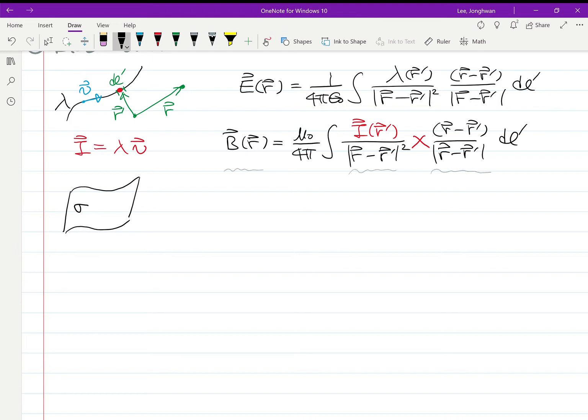I will not write down the E field here. But when it moves with a velocity, it generates a current. Before we measure the current, this area charge moving with a velocity v generates a current density. It's called the surface current density K, which is sigma times v.